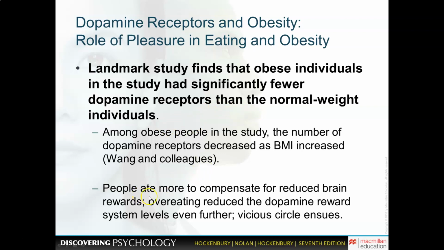So they eat more to compensate for reduced brain rewards. Overeating reduces the dopamine reward system levels even further, and then there's a vicious cycle. That is one theory and one observation of why people become obese.